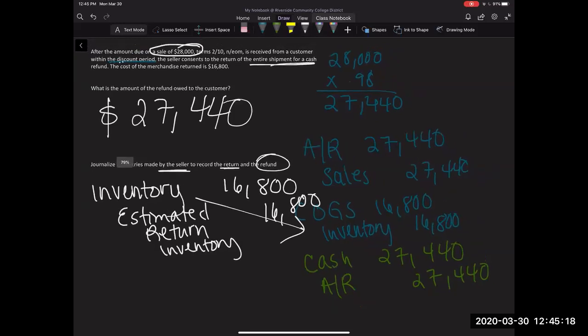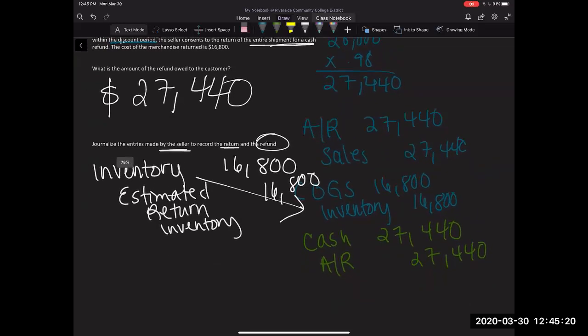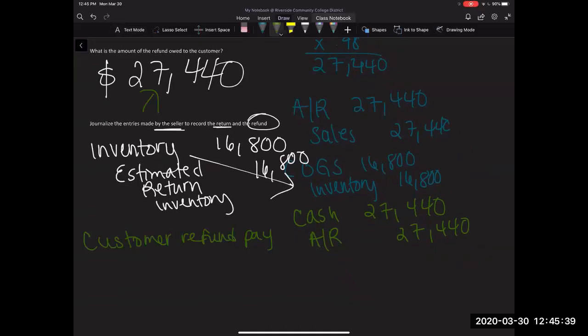Now the refund looks like this. This is the amount that we're giving back to the customer. So to record the refund, we're going to debit customer refund payable in the amount of $27,440.